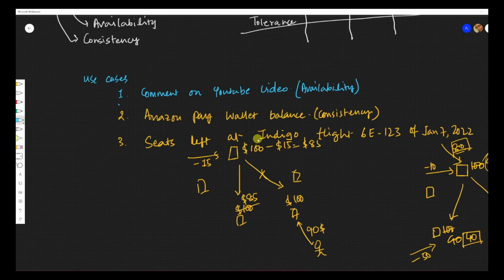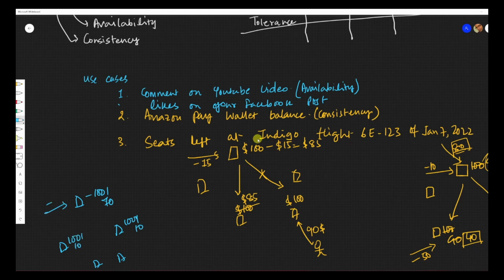Another could be likes on your Facebook post. So let's say your post ID is say 1001, it has 10 likes, and we have these replicas over here, and the data is stored over here. You have 10, you have 10, you have 10. So somebody came and did a +1 like, changed to 11, it got changed to 11, but this one is still 10.